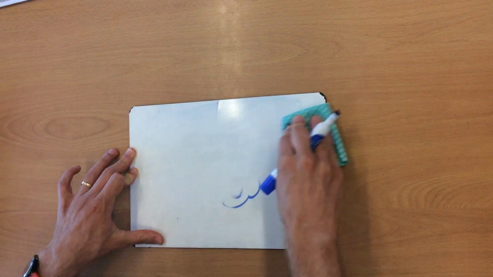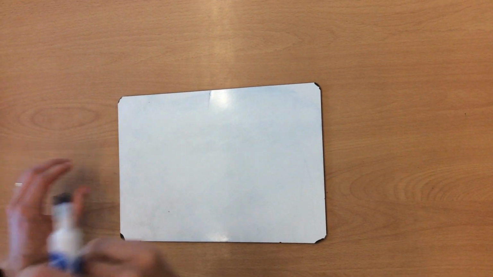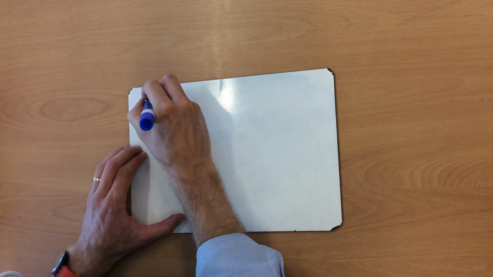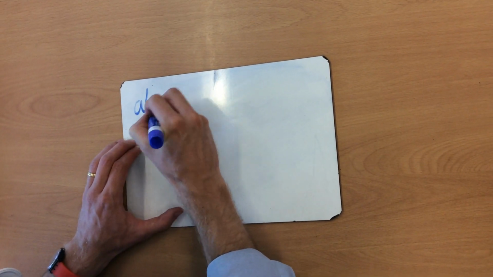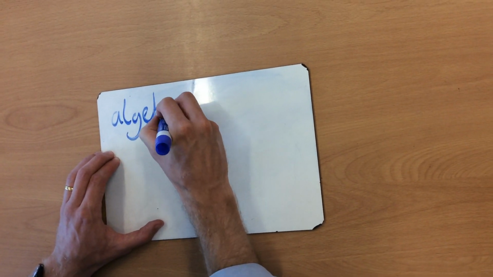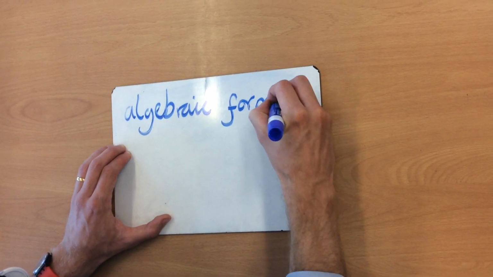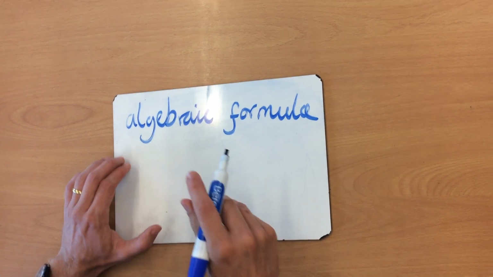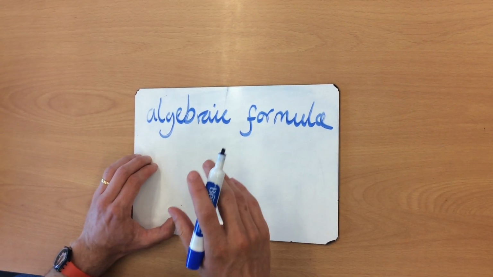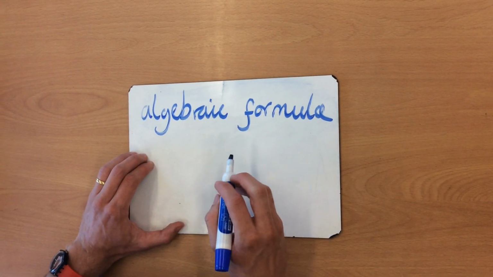The final one I'm going to share with you now is an algebraic formula. Now, I probably should have just kept the word algebraic on my whiteboard. So algebraic formula. So an algebraic formula is very, very similar to an algebraic expression, and I'm going to do one quick example.